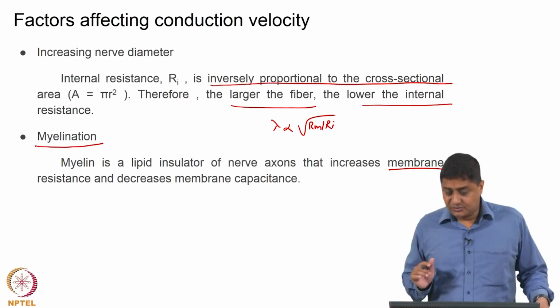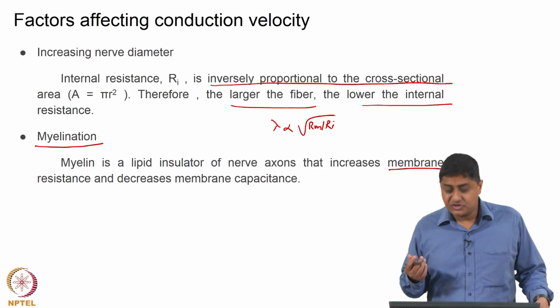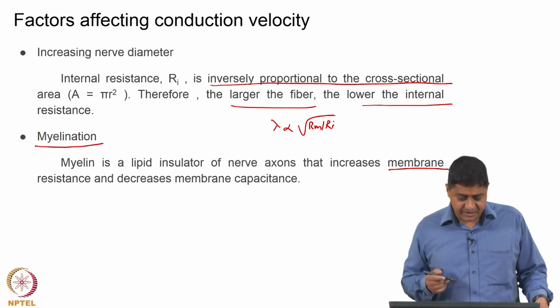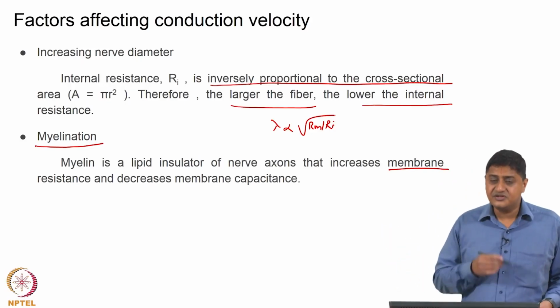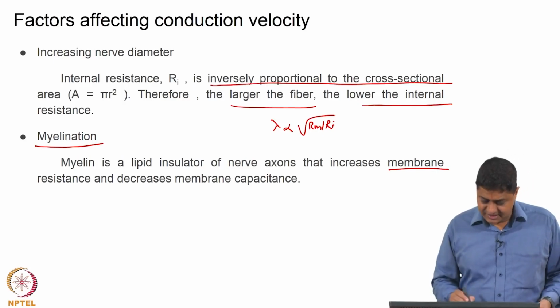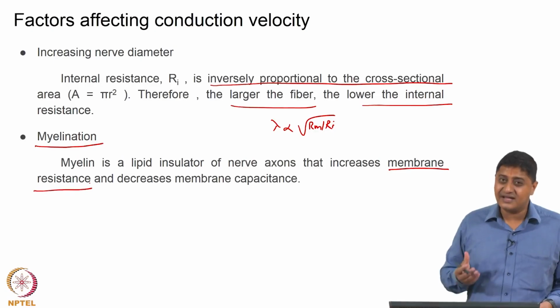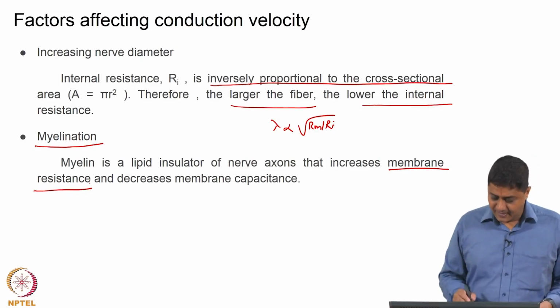The other way of increasing lambda is to increase Rm simply. That is possible by using an insulation around the neuronal axons, right. So, basically myelination increases membrane resistance and thus increases lambda.